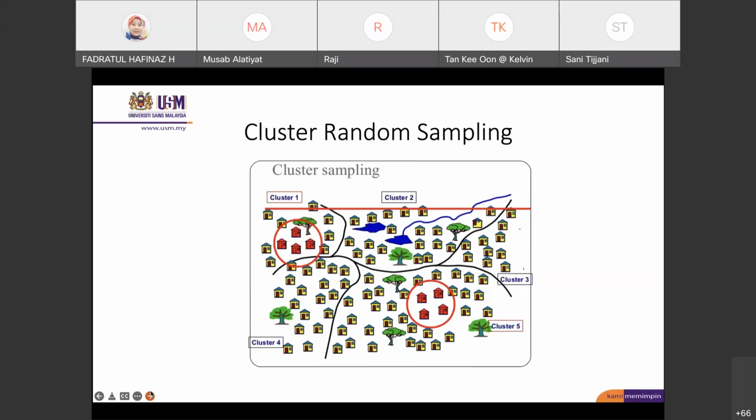In stratified sampling, a random sample is taken from each of the strata, whereas in cluster sampling, only the selected clusters are studied, right? The main objective of cluster sampling is to reduce the cost by increasing sampling efficiency.